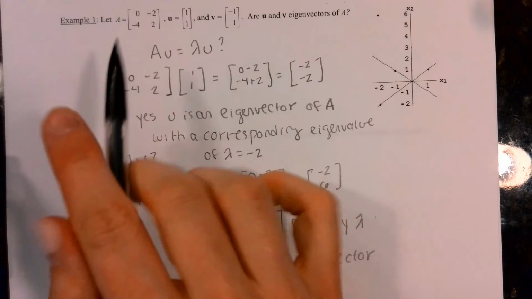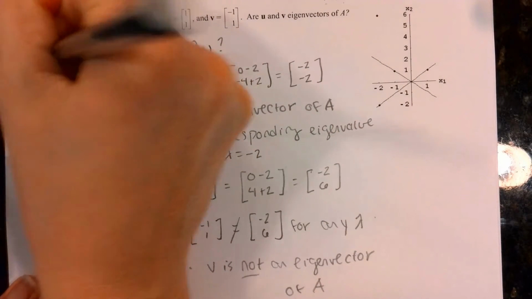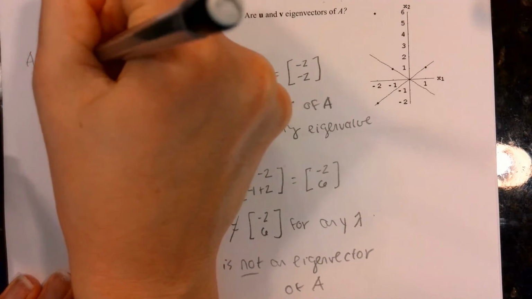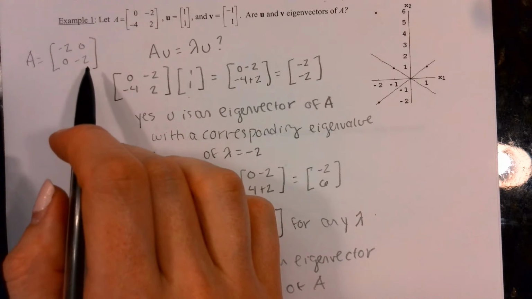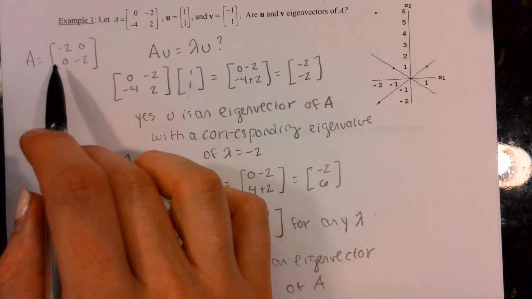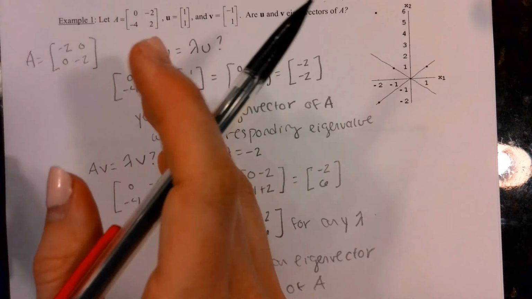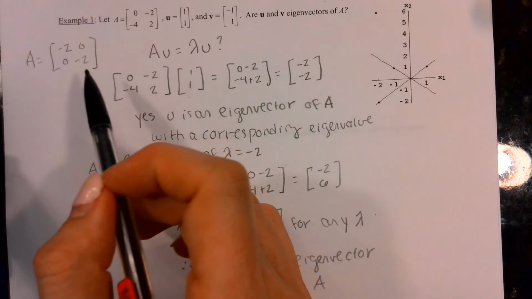The way we did it before was we had a matrix A, let's say a diagonal matrix that just had the scalars we wanted to scale everything by on the diagonal. That's an example where every vector would count as an eigenvector for this matrix because everything gets scaled by negative 2.